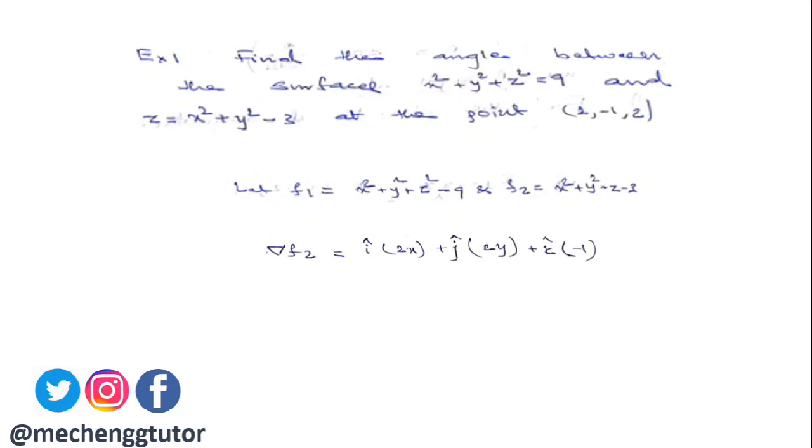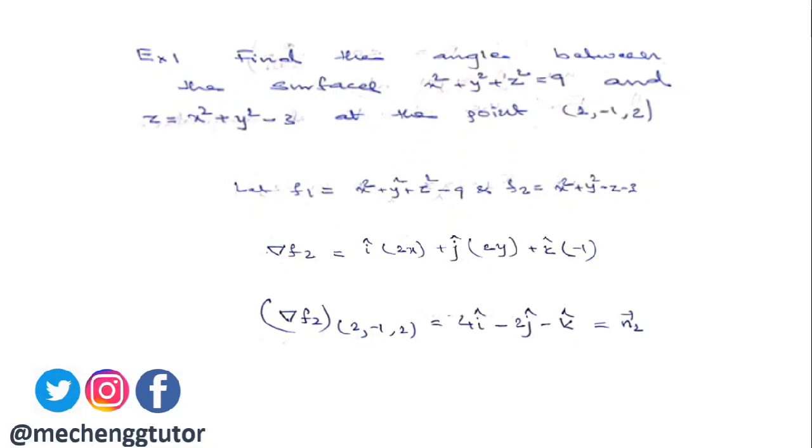So del f2, directly I have written i into the partial derivative of f2 with respect to x is 2x, with respect to y is 2y, with respect to z it is -1. Calculating del f2 at the same point (2, -1, 2) gives us 4i minus 2j minus k, call it n2 bar.